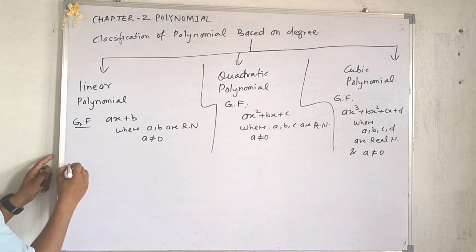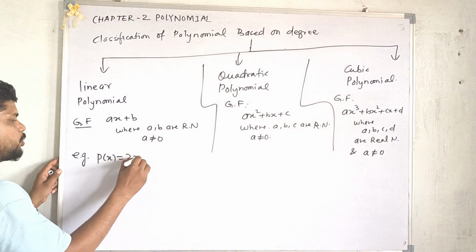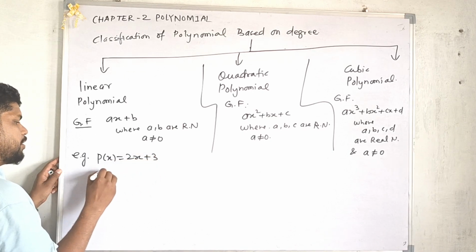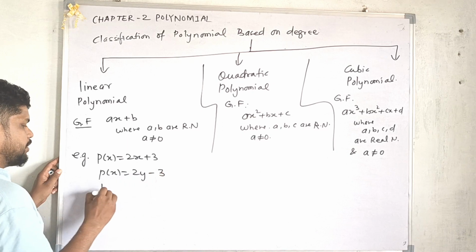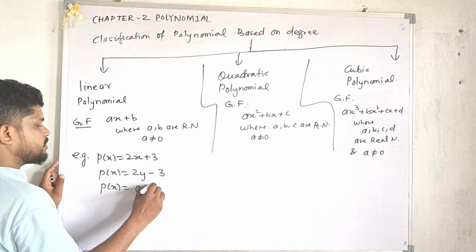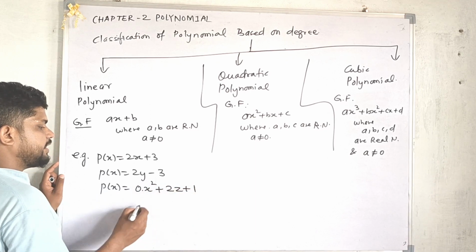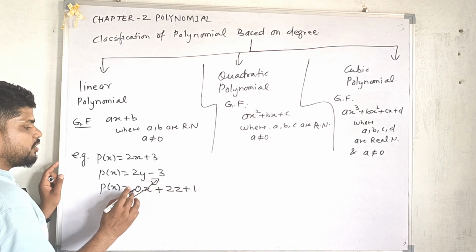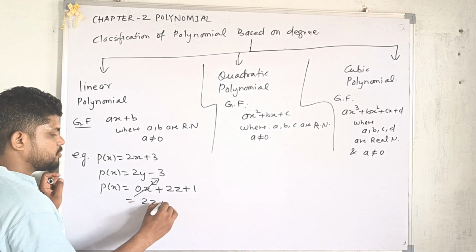Let me give some examples. For example, p of x is 2x plus 3, p of y is 2y minus 3, p of z is 0 dot z square plus 2z plus 1. Here the 0 dot z square has no significance because 0 is multiplied with the square, so ultimately it's 2z plus 1.